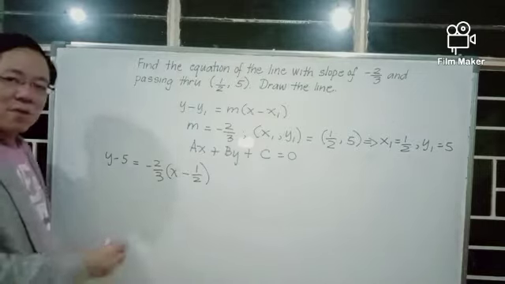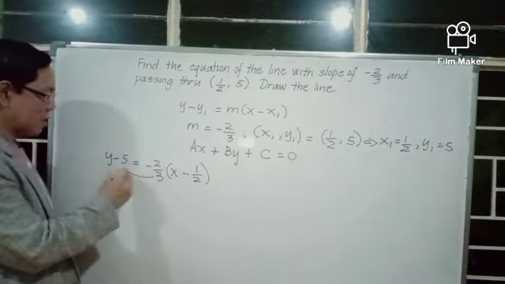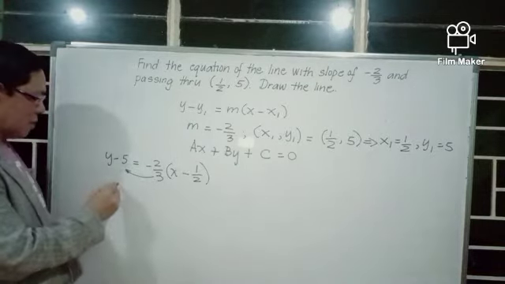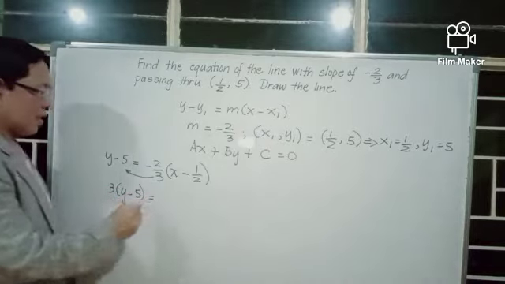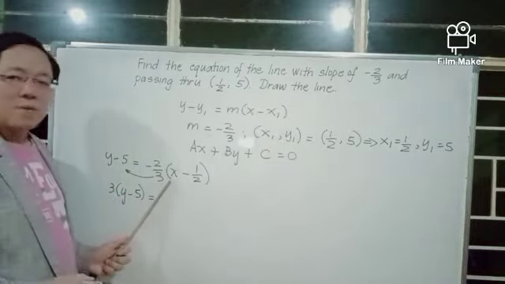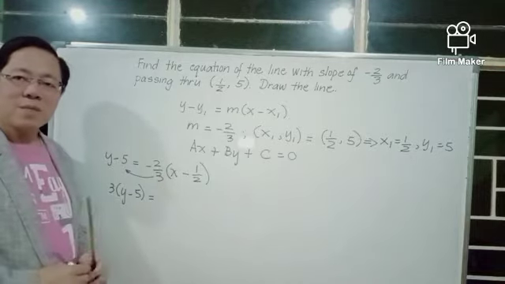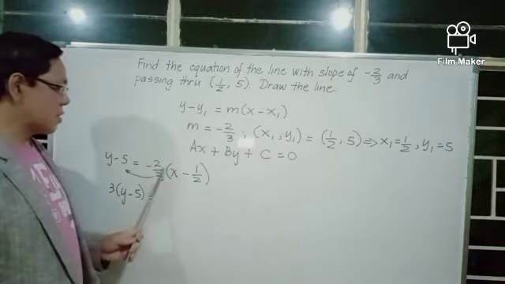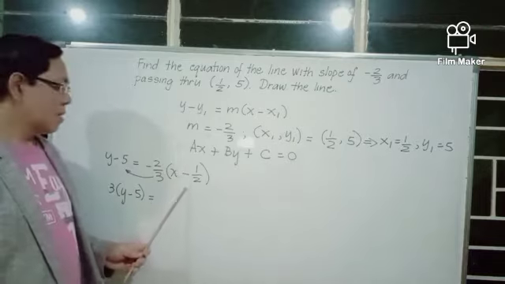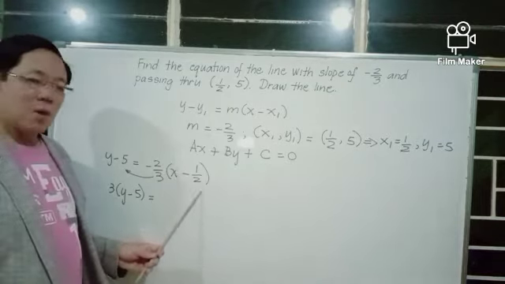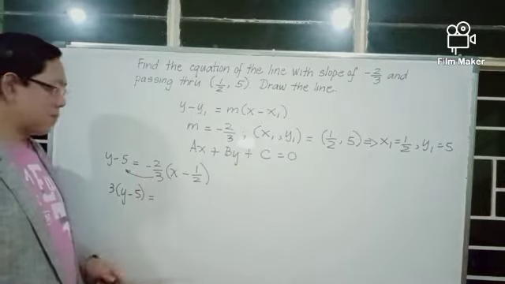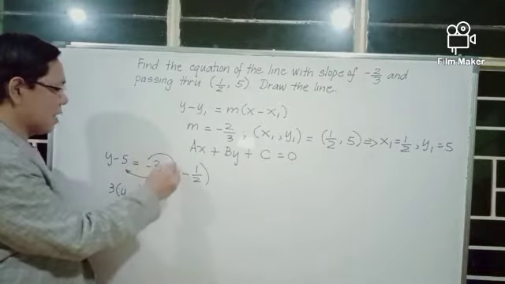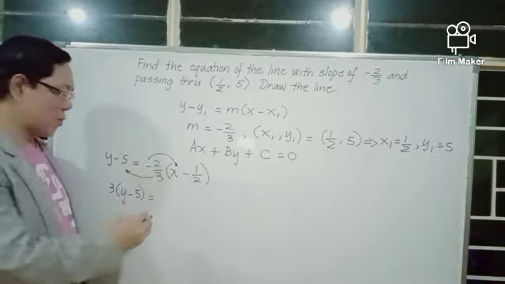On the left-hand side we multiply by 3. We have 3 multiplied by y minus 5. And we apply the distributive property of multiplication over addition. We multiply x and negative 1/2 by negative 2 from the left. Negative 2 multiplied by x is negative 2x.